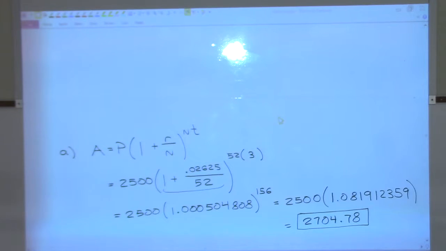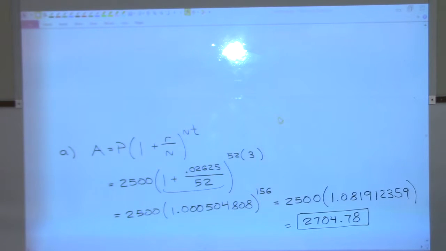Use the caret key, that key right there, a little up arrow. So put 1.000504808, and then hit that arrow key and put 156. Hit enter, and you should get this number. And then you multiply that times 2,500.